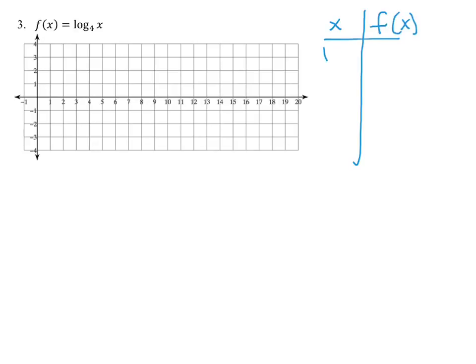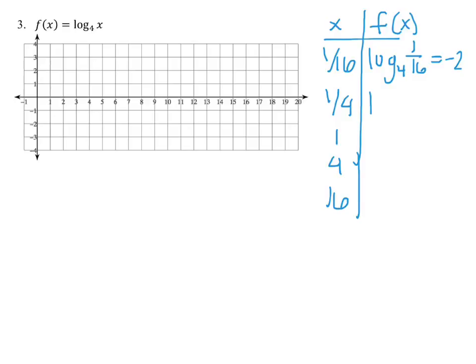Except I'm going to look for powers of 4. So I'm going to see what is log base 4 of 1 over 16. It's -2. What is log base 4 of 1 over 4?